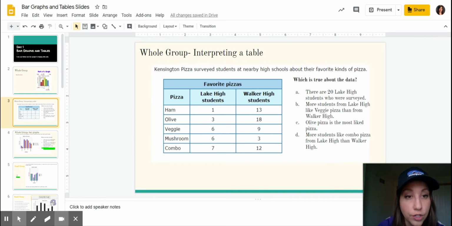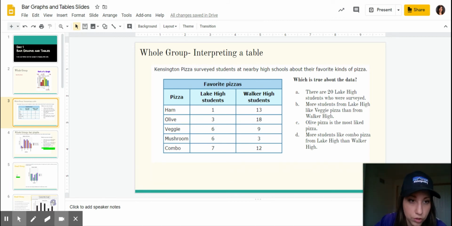Now let's answer the question. It says, which is true about the data? There are 20 Lake High students who were surveyed. Lake High students. So that means this whole column. So let's see, 1 plus 3 is 4, plus 6, 4 plus 6 is 10, plus 6 is 16, plus 7 takes us to 23. 23 students?